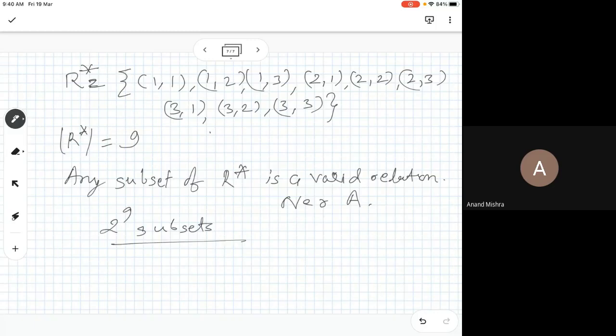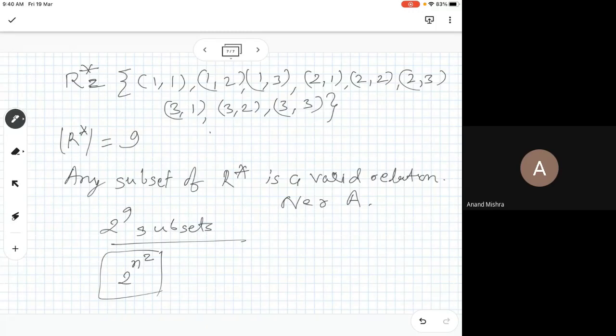In general, that's the correct answer: 2 to the power n square. So these many relations are possible. This is interesting: if you have a class size of 100, a very high but finite number of relations can exist, because any subset you take is a valid relation.